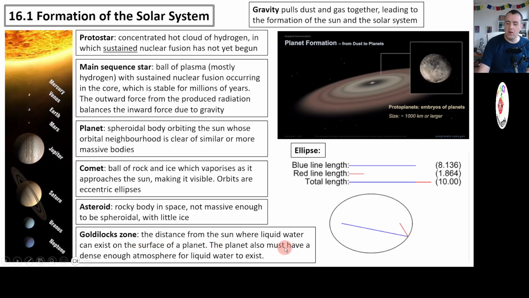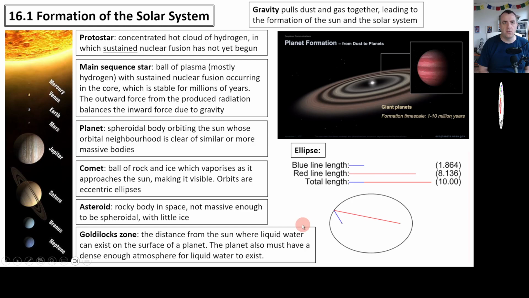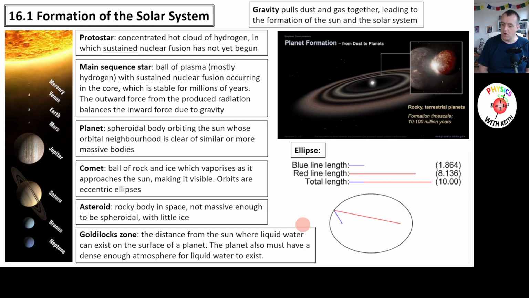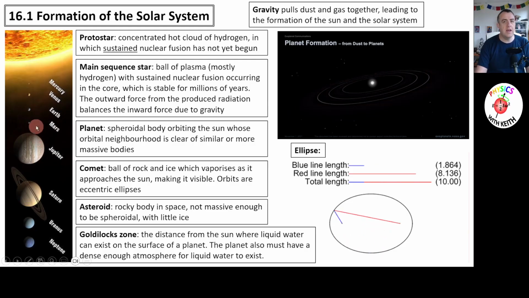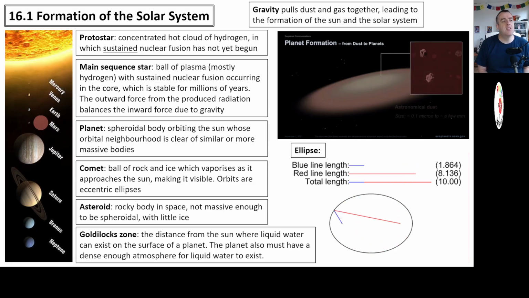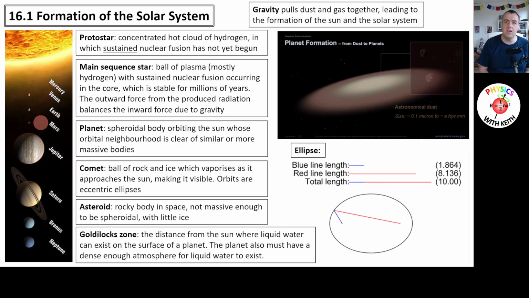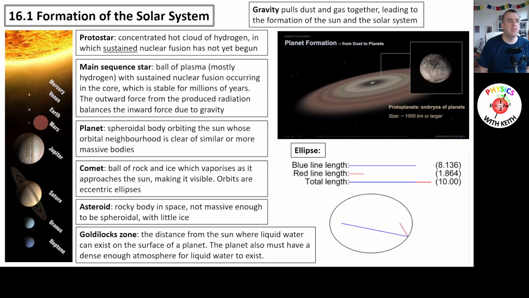The Goldilocks zone, I mentioned that Earth is within the habitable zone. Another name for that is the Goldilocks zone, because it's a place where it's not too hot, not too cold, just like Goldilocks's fabled porridge adventure. Anyway, so you need to have a distance from the Sun where liquid water can exist on the surface of the planet. Mars does have liquid water on the surface at certain places, but mainly it's because that liquid water is so very salinated.